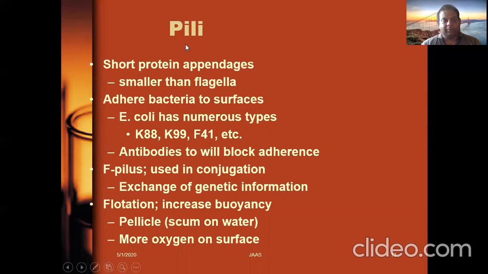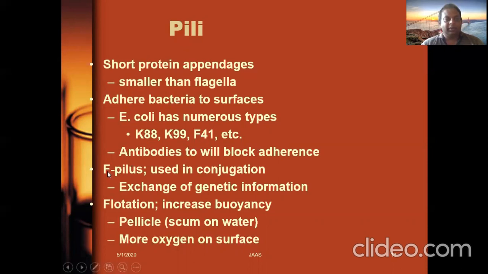With multiple fimbriae, adherence is high. At the same time, the body produces antibodies against these fimbriae, so adherence will be interrupted if the person is immune, or in early infection or early colonization.